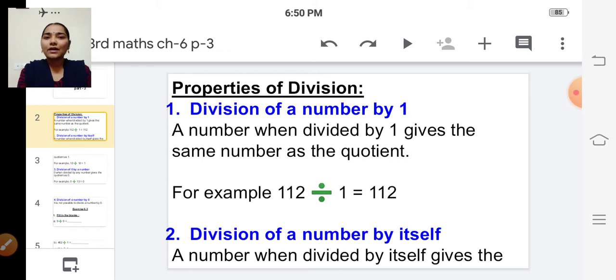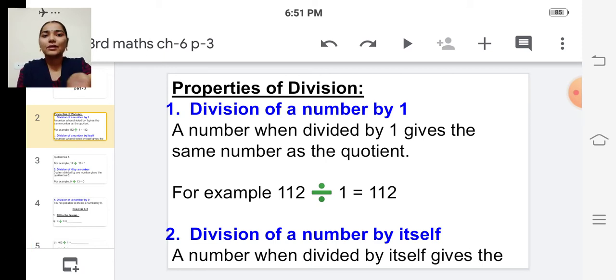If we divide any number by 1, then the answer, that means the quotient, is the number itself. A number when divided by 1 gives the same number as the quotient.